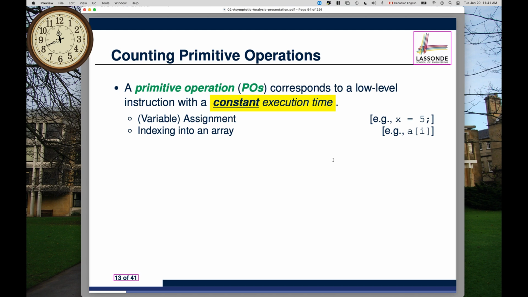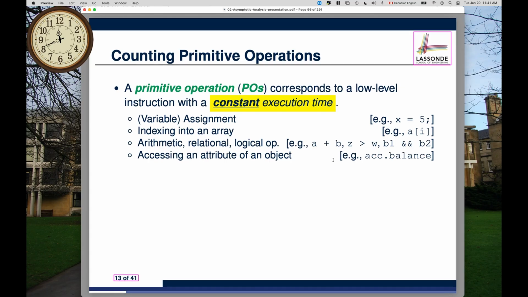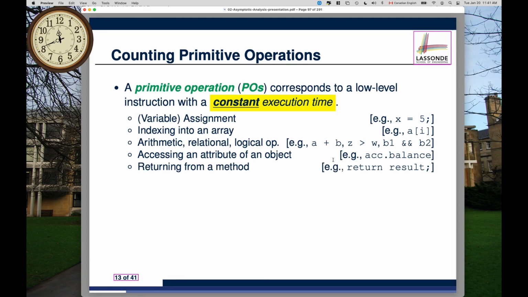That's why array indexing, or even assigning something to an array element, is constant, very cheap. So all the arithmetic, relational, and logical operators, you will see they're also constant. Also, accessing the attributes in an object is like an address lookup, so that one is also constant. Now, the return statement is also constant.